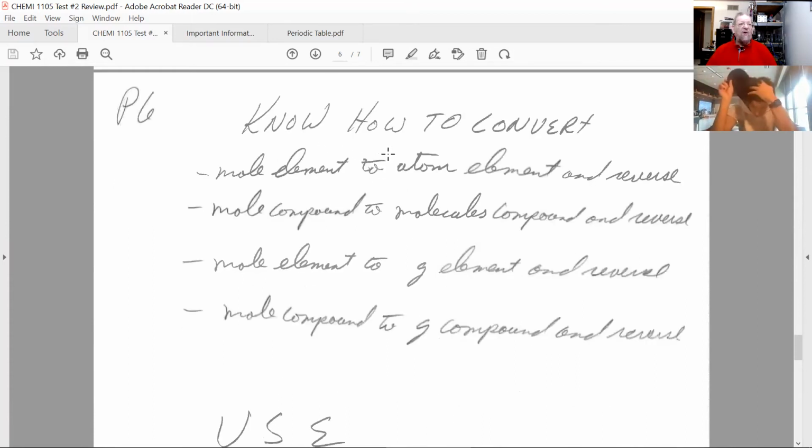Now, you should know how to convert, and these are all things we've done, moles of an element to atoms of an element, or going the reverse, atoms of an element to moles. Moles of a compound to molecules of a compound, and also molecules of a compound to moles of a compound.